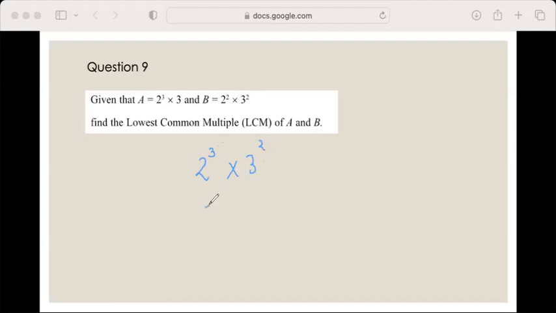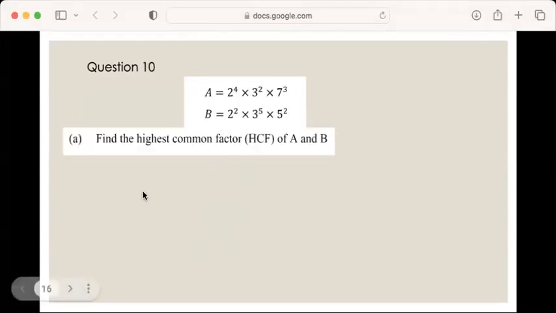So 2 cubed is 8 and 3 squared is 9. So 8 times 9, which is 72. So the lowest common multiple, I think you got the correct answer. Congratulations.